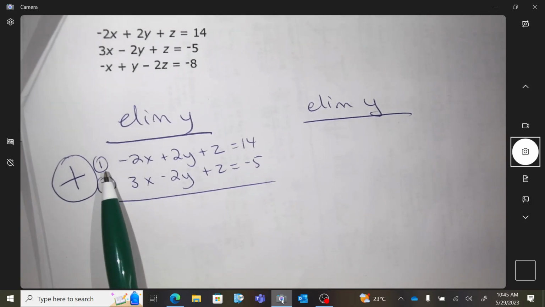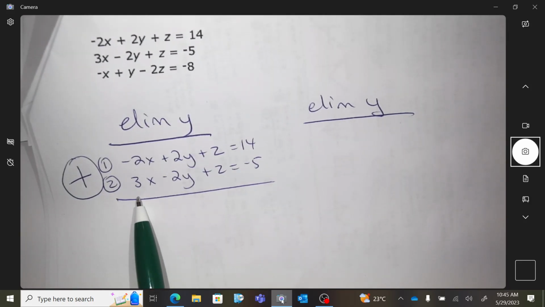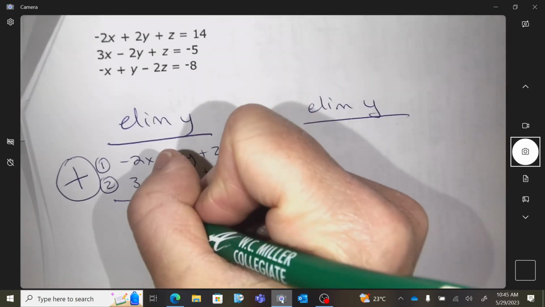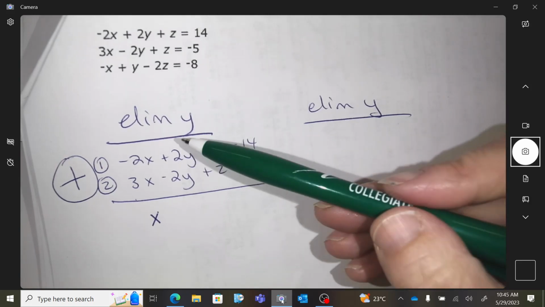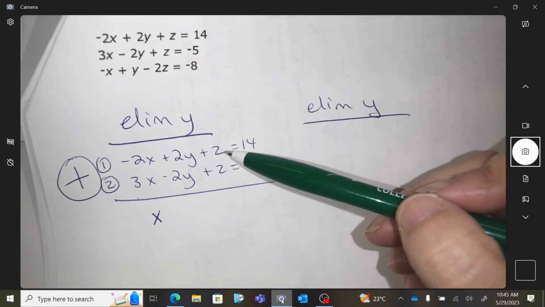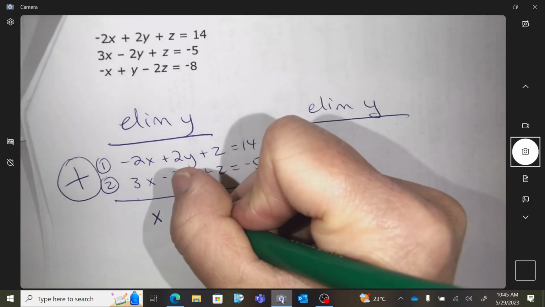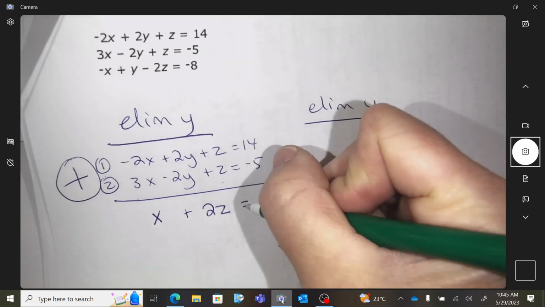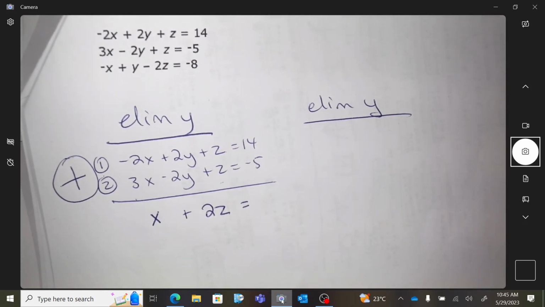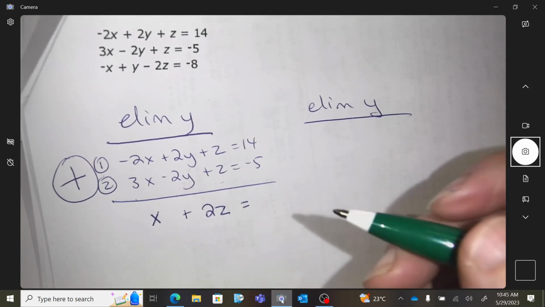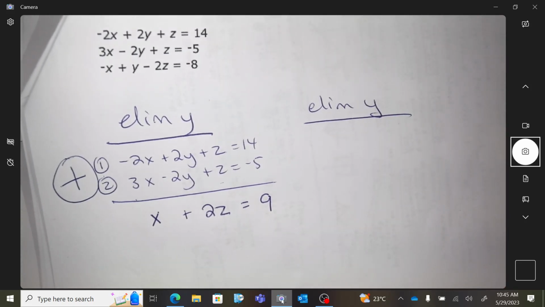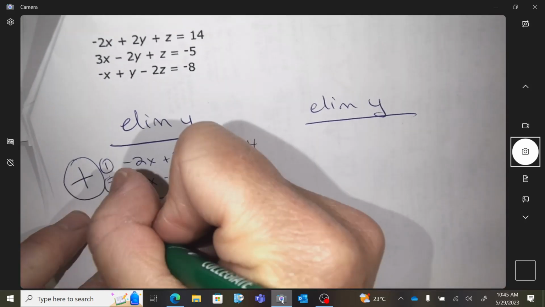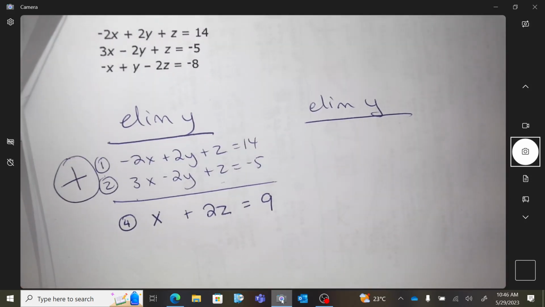So -2 plus 3 is 1x. Gone. 1z plus 1z. 14 plus a -5 is 9, right? Okay, we're also going to put a label on this. Let's call it the fourth equation now.